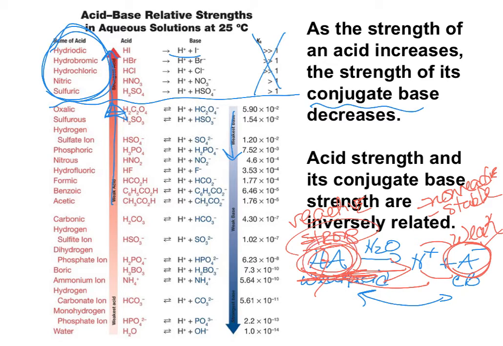The stronger the original acid is, the more reactive it is, the less reactive its conjugate base is going to be. And the converse is true also. The weaker the original acid is, in other words, when we say it's weak, we're saying it's unreactive and it's stable.